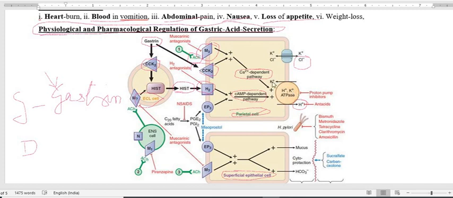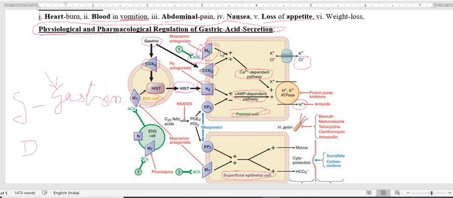So if any drug binds to this receptor and inhibits the binding of acetylcholine to its receptor, it is used as a drug for antacid, for the therapy of acidity, or for the therapy of peptic ulcer.